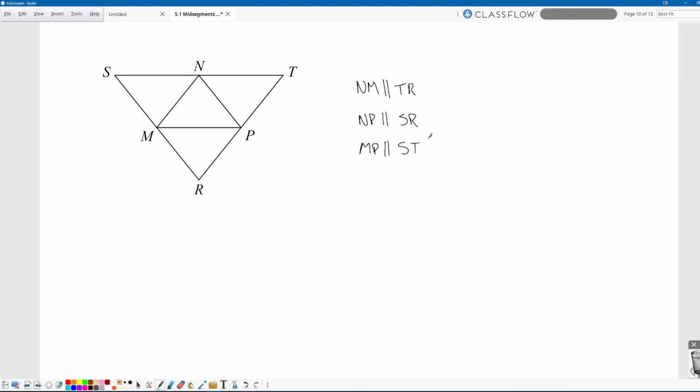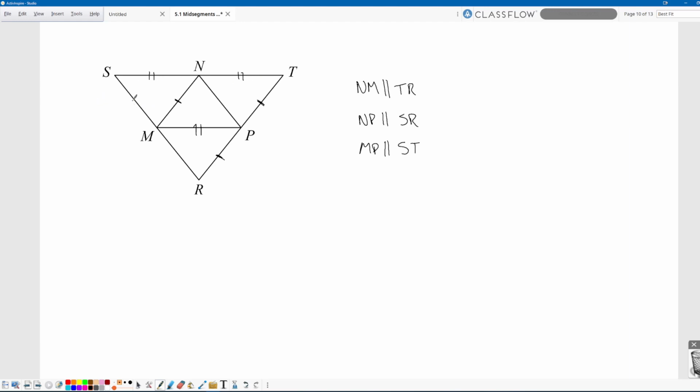Another interesting property that we have with these midsegments is that I know that this is half of this. Well, what that means is that these segments are actually congruent to each other. And then this segment would be congruent to these two. So SN, MP, and NT would be congruent segments.